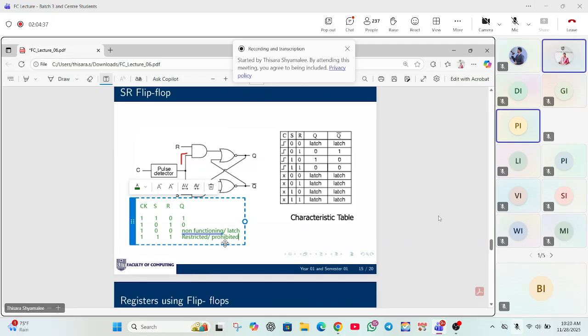Miss, wasn't the latch thing called keep state earlier? Keep state earlier, when you said S equals 0, R equals 0.